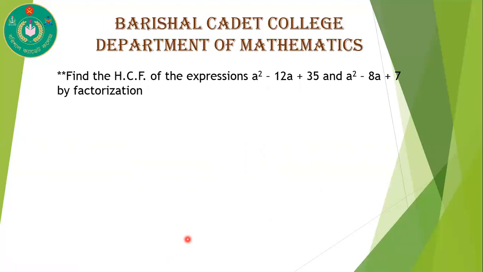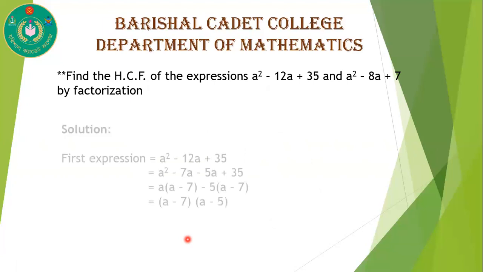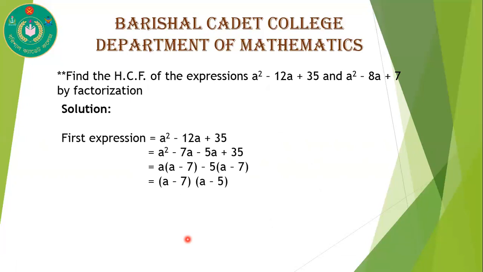Now another type of problem. Find the HCF of the expressions a square minus 12a plus 35 and a square minus 8a plus 7 by factorization. Solution. First expression a square minus 12a plus 35.